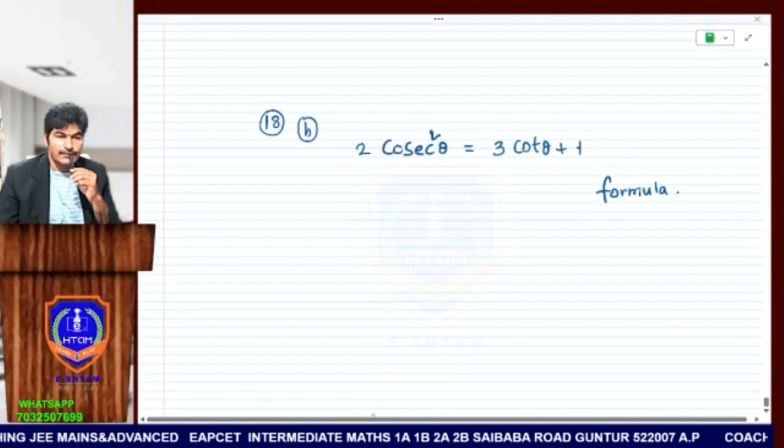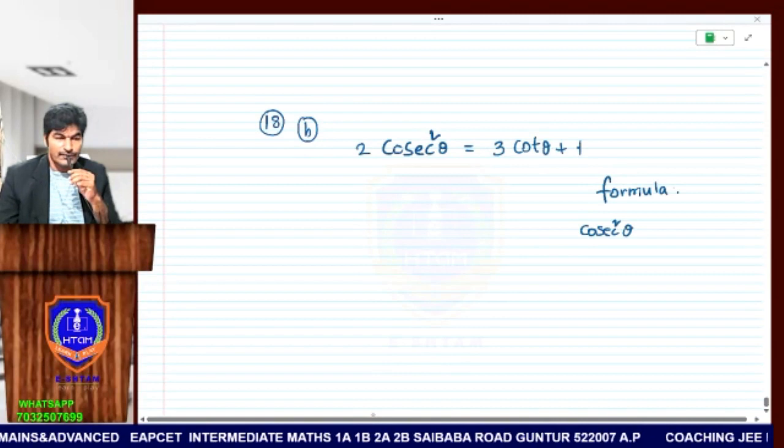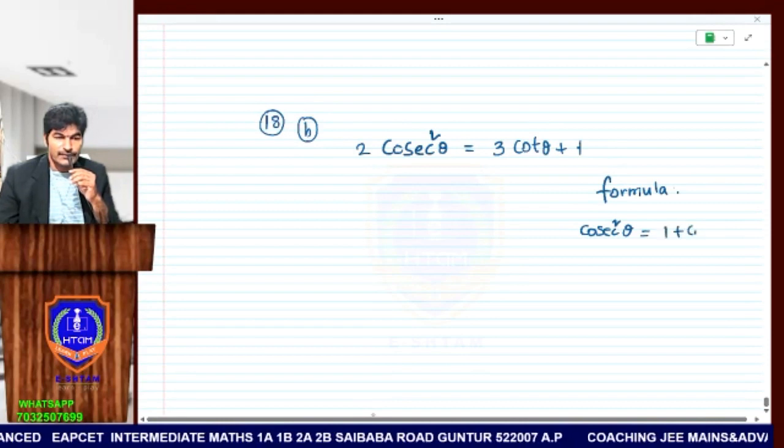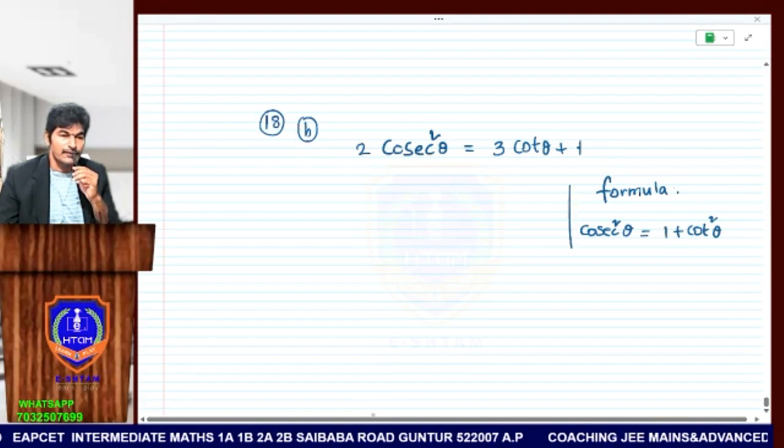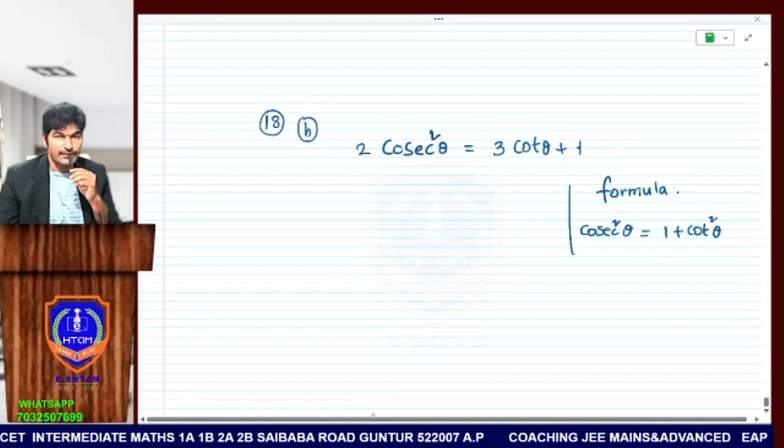But here it consists of different terms. So here we are using trigonometric conversion. The formula here I am writing: cosecant square theta equal to 1 plus cot square theta. We are using this formula to convert this entire equation in complete cot theta terms.